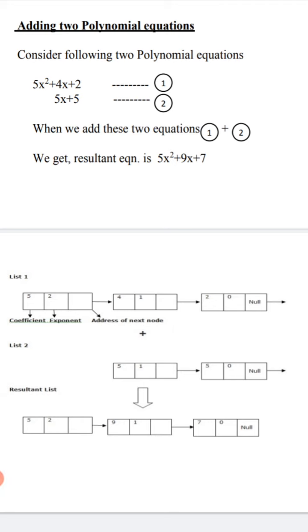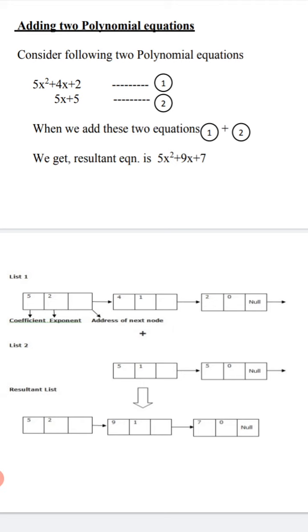The second term of the second equation is in the second node: coefficient 5, x power 0, so exponent 0. The last node always has the link part equal to null.